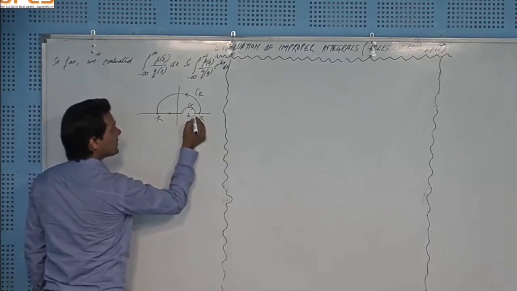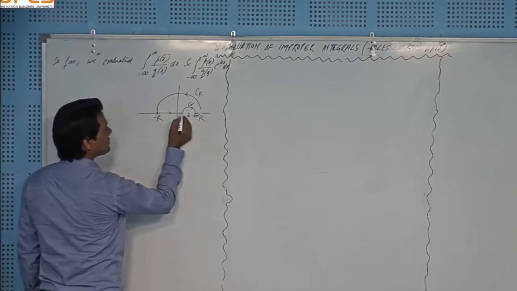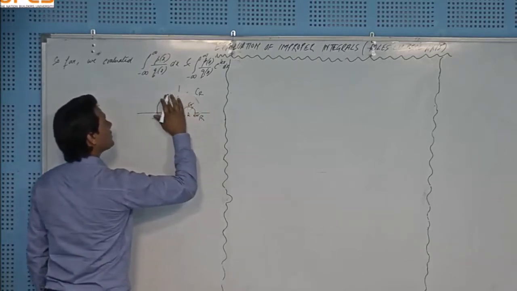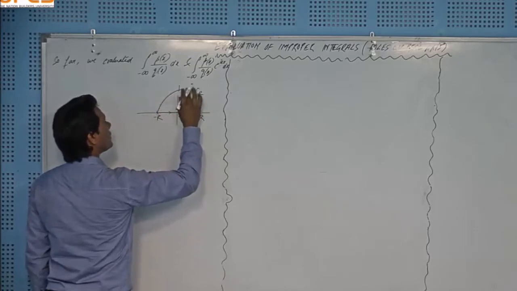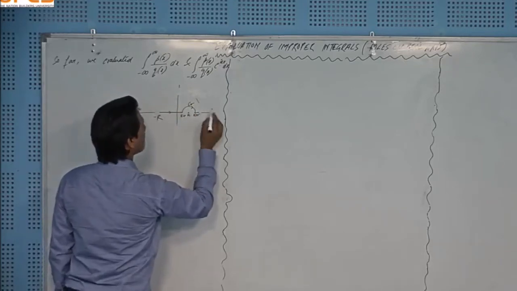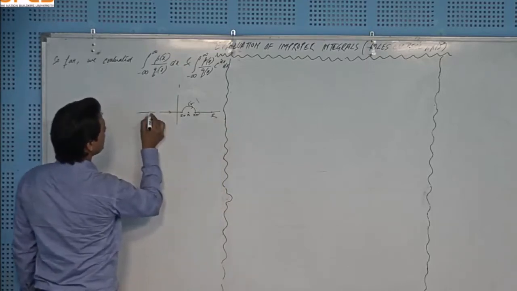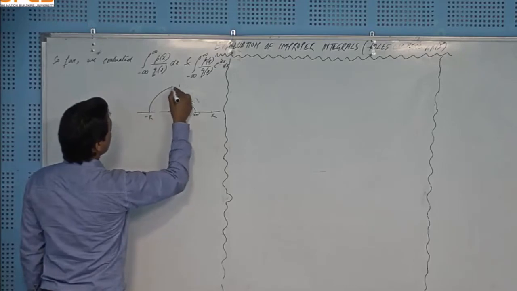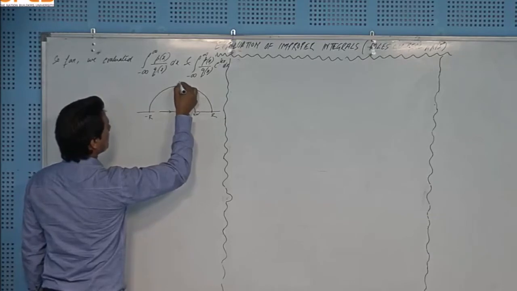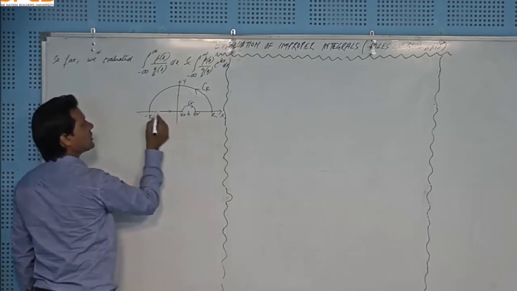This point will be k plus r, and this point will be k minus r, right? Here you have your R, and this is the minus R. Okay, fine. Now it will be visible. This is your y-axis, this is your x-axis. This is your C capital R, this is your c small r, right?